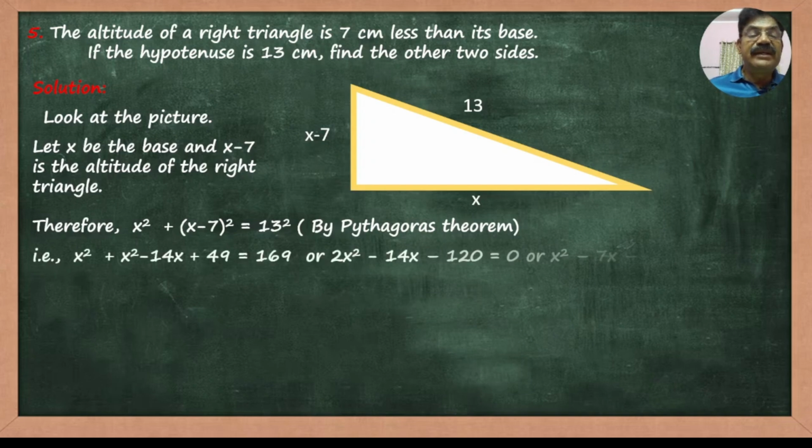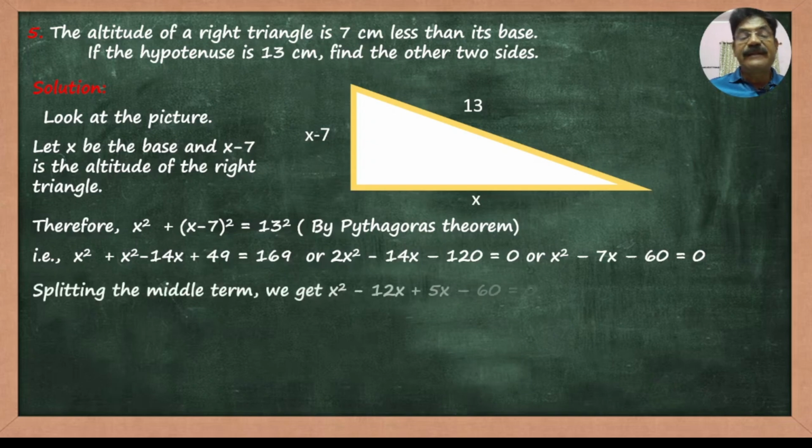So after simplification, x square plus x square minus 14x plus 49 is equal to 169. Or 2x square minus 14x minus 120 is equal to 0. After cutting out 2, you get x square minus 7x minus 60 is equal to 0. Now you have to factorize.